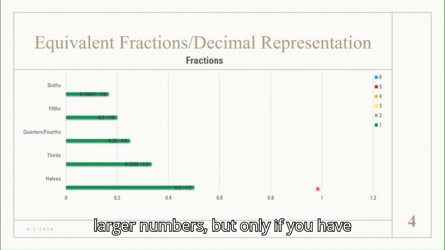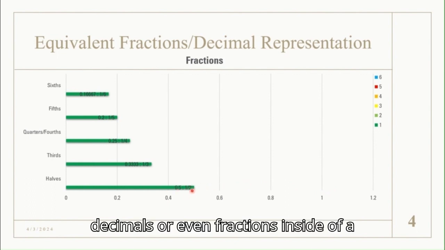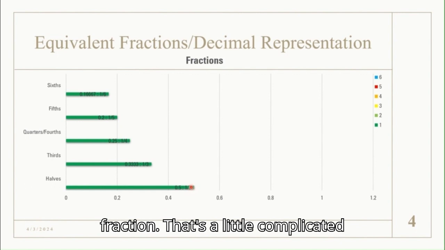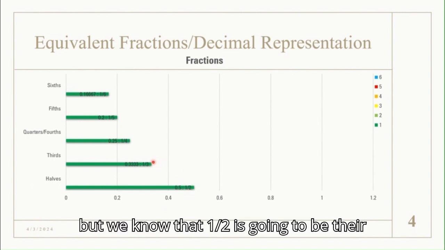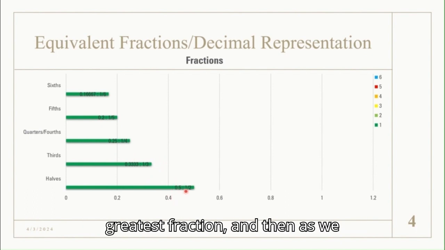You could get larger numbers, but only if you have decimals or even fractions inside of a fraction. That's a little complicated, so we can discuss it further on. But we know that 1/2 is going to be our greatest fraction.